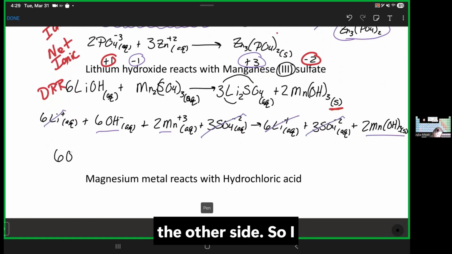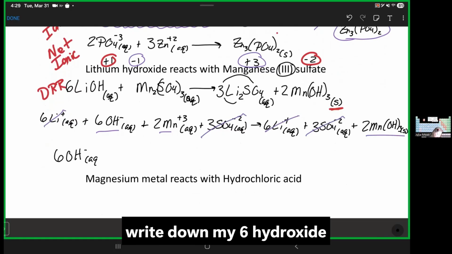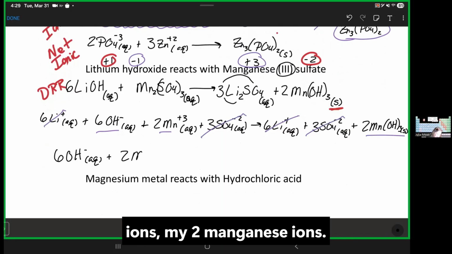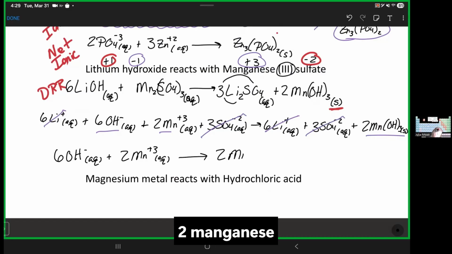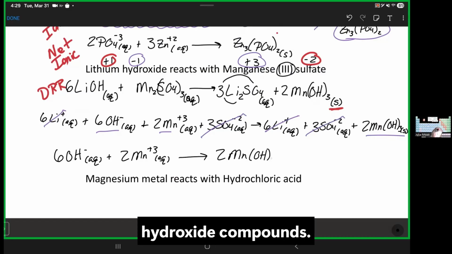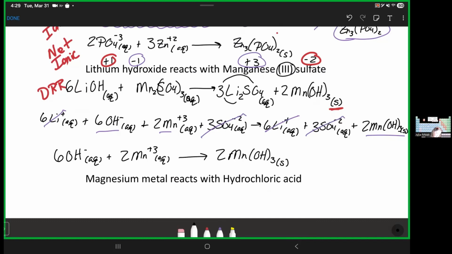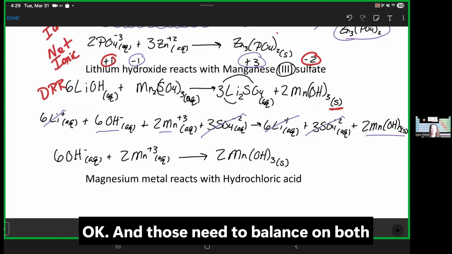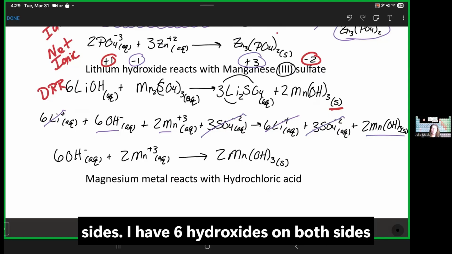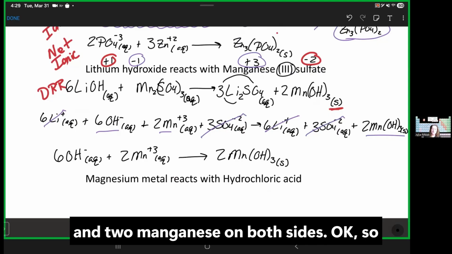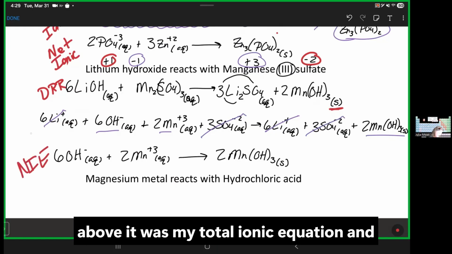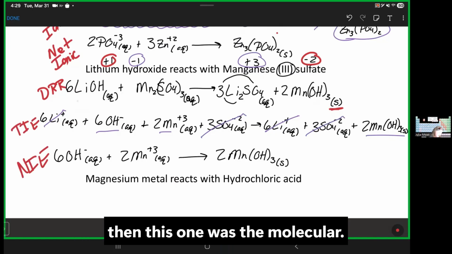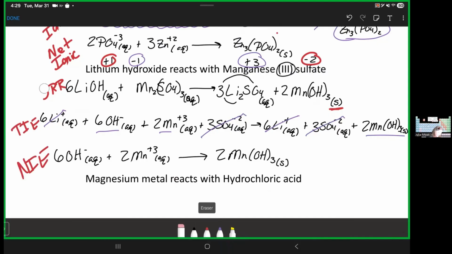So I write down my 6 hydroxide ions and my 2 manganese ions, which make my 2 manganese hydroxide compounds. Those need to balance on both sides: 6 hydroxides on both sides and 2 manganese on both sides. So that's my net ionic equation. The one above it was my total ionic equation, and this one was the molecular.